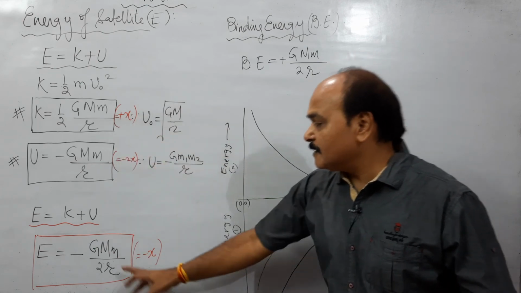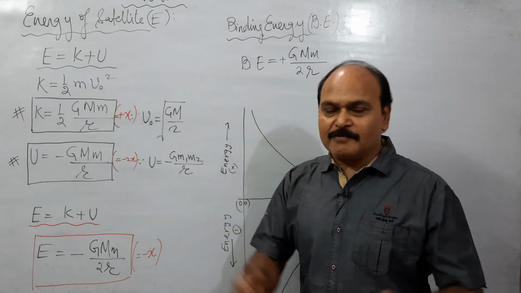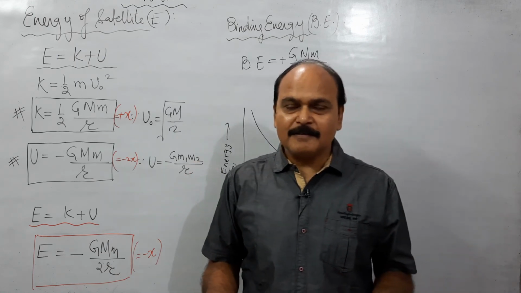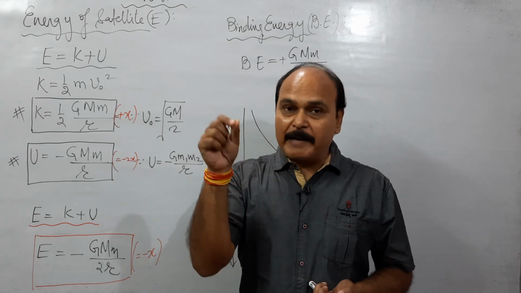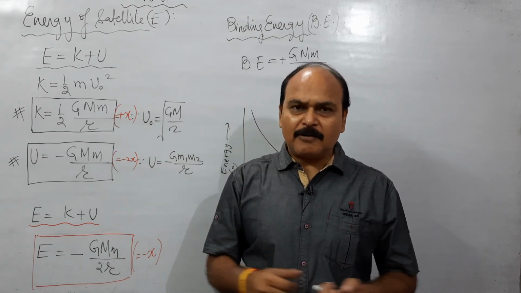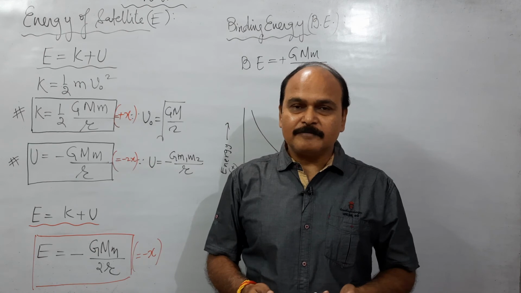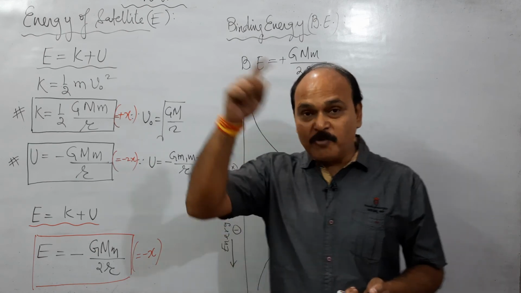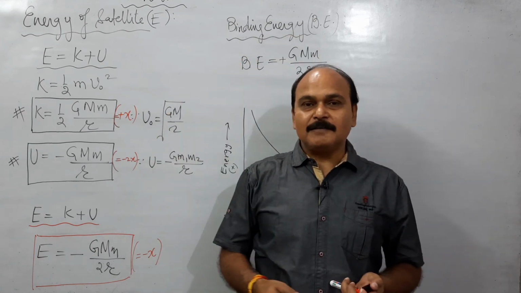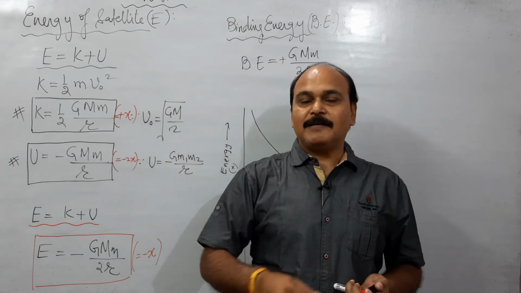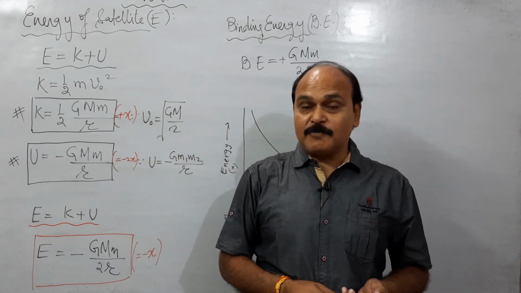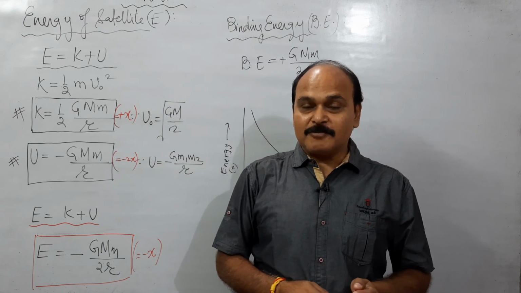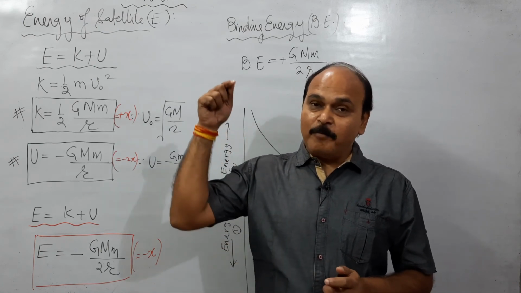Well, this energy is negative. Total energy of the satellite is negative. Why? It is simply because the satellite is bound to the planet. It cannot leave the planet on its own. The satellite is moving in the gravitational field of the planet. It is attracted by the planet, and that force of attraction provides the necessary centripetal force for circular motion. So the satellite is always bound with the earth.